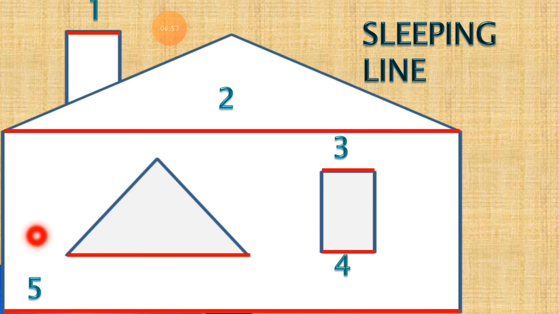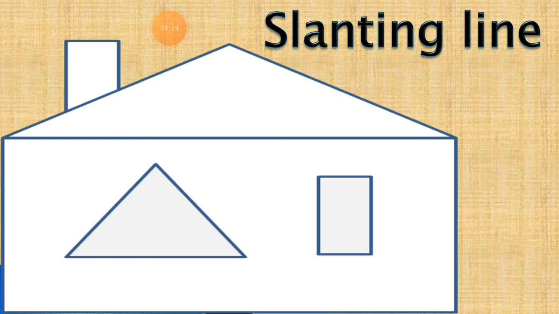Here at the bottom is sleeping line number 5, and it is in the triangle. This is sleeping line number 6. So total there are 6 sleeping lines given.